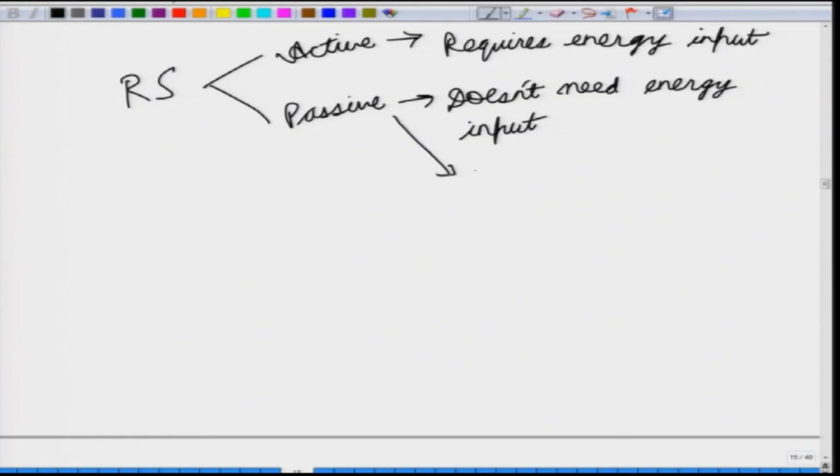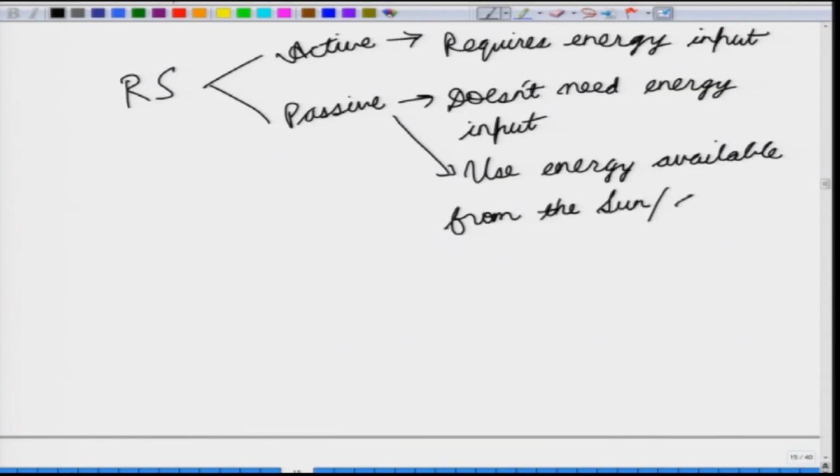Because in most cases you use energy that is available from the sun or the energy that is available in the ambience.